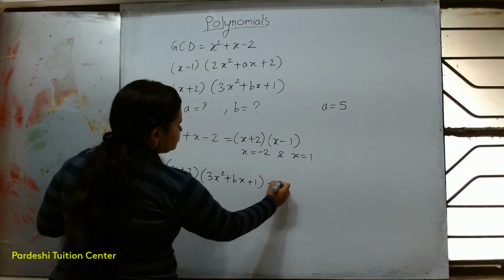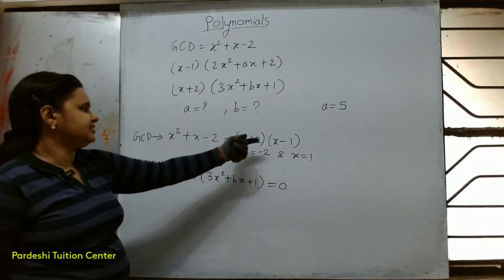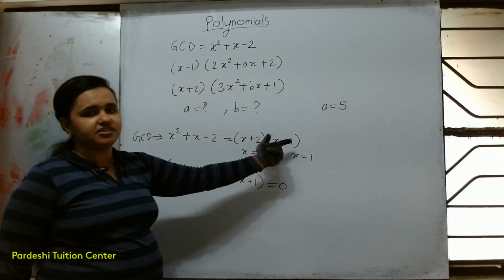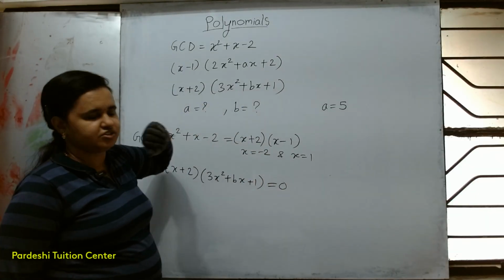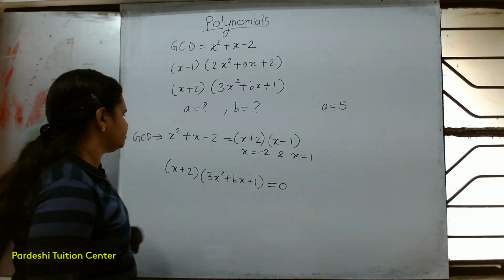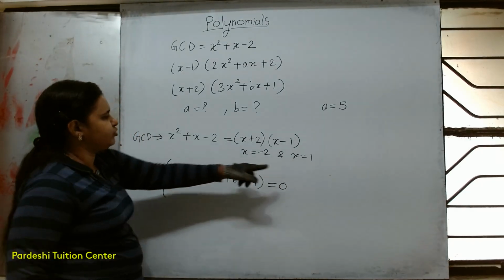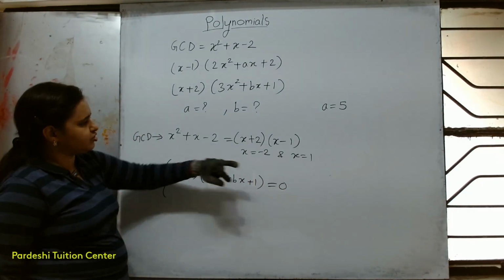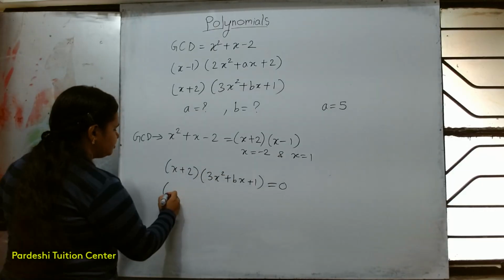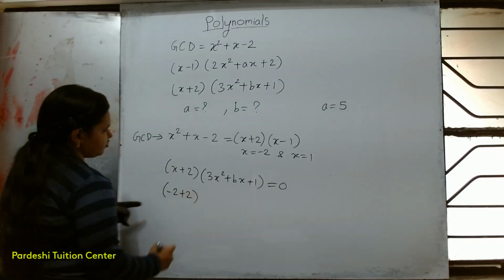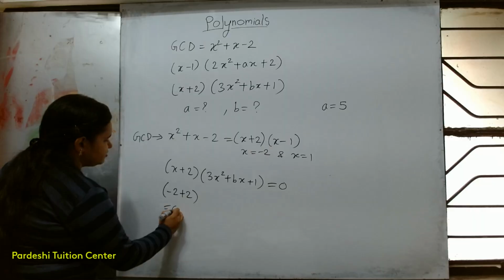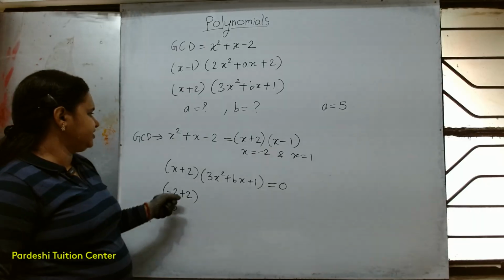It will be equal to 0 because this is the GCD and these are the factors of both polynomials. If I put 1 in x plus 2, it will not be 0, so I put minus 2 to make it 0. Minus 2 plus 2 is 0.